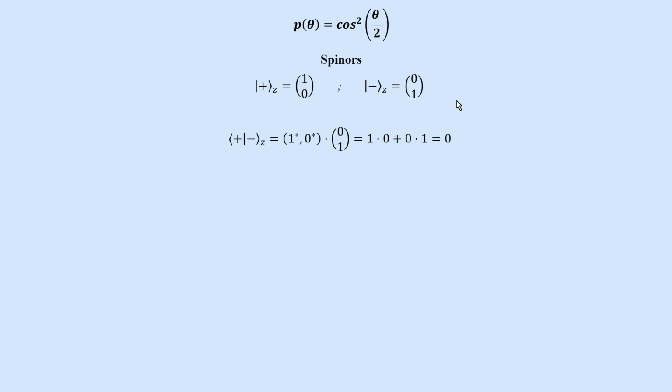This is something of this sort here, where the scalar product of the plus and minus ket vectors along the z-axis in spinor coordinates is given as the complex conjugate of the first spinor, 1, 0, which is written horizontally, the other vertically. They are summed up according to the scalar product rules, and you have equal 0.